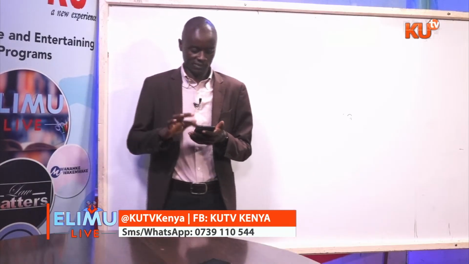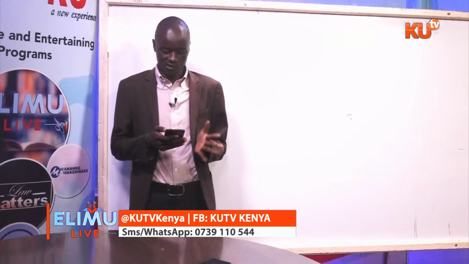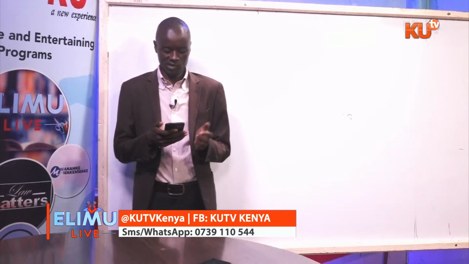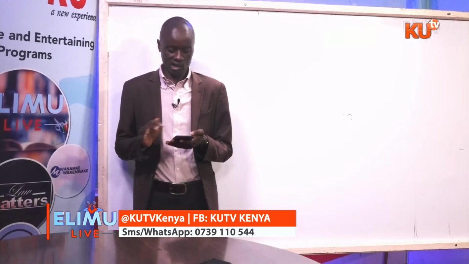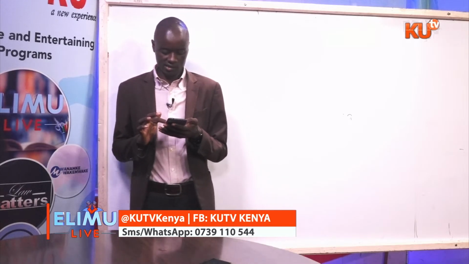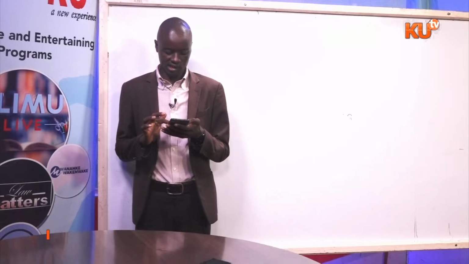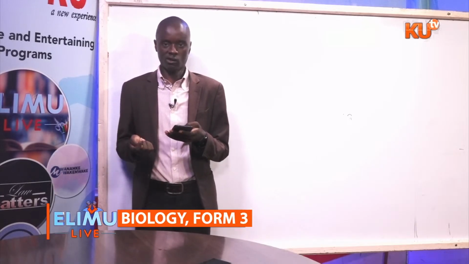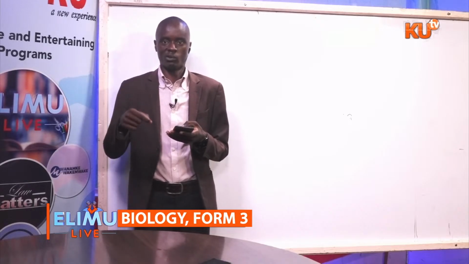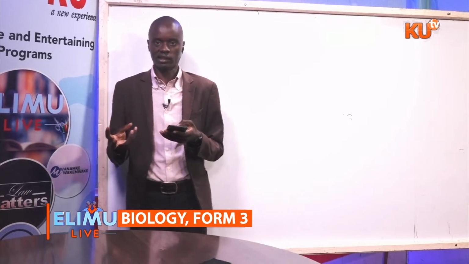Yeah, so that is one of the hormones, the follicle stimulating hormone. Then we have another hormone that is very important. The follicle stimulating hormone also stimulates the ovary to release another hormone called estrogen.